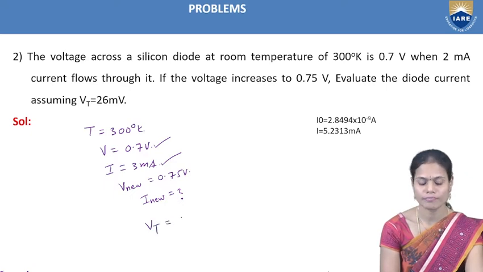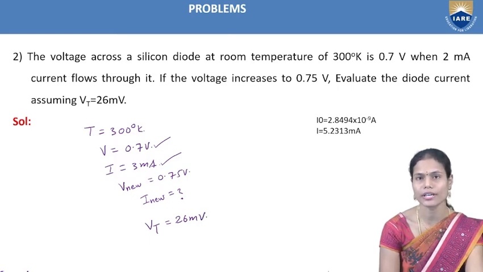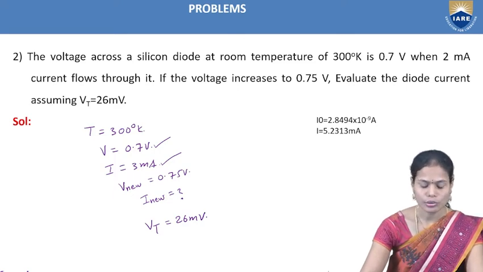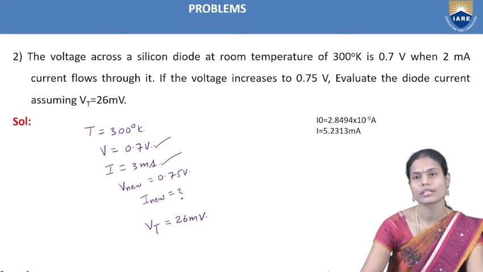They have given Vt as 26 millivolts, so there is no need to calculate the Vt value directly. It is mentioned in the problem as 26 millivolts. We just need to calculate the new current. In order to calculate the new current, first of all we require the reverse saturation current.